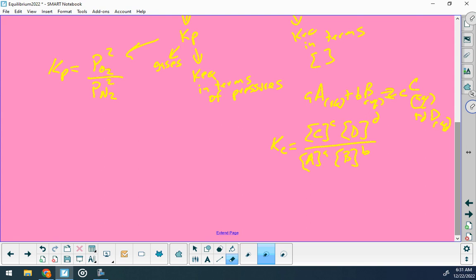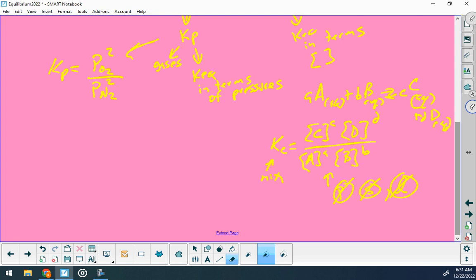So that's the form. And notice, these are all concentrations. We do not put pressures in here. We do not put anything that's solid in here. And we do not put liquids in here. Now, gases have a concentration, so I can write my gases in this form. This has to do with mixtures.